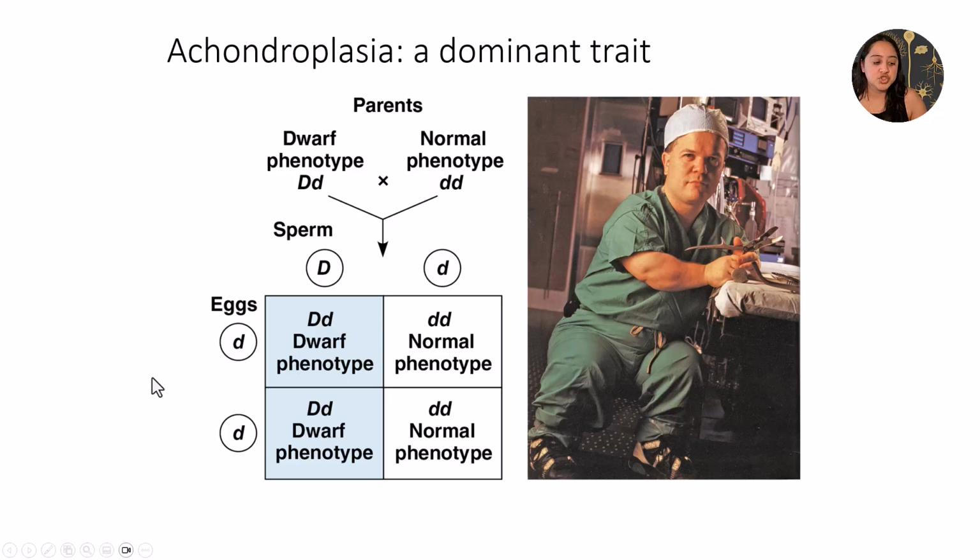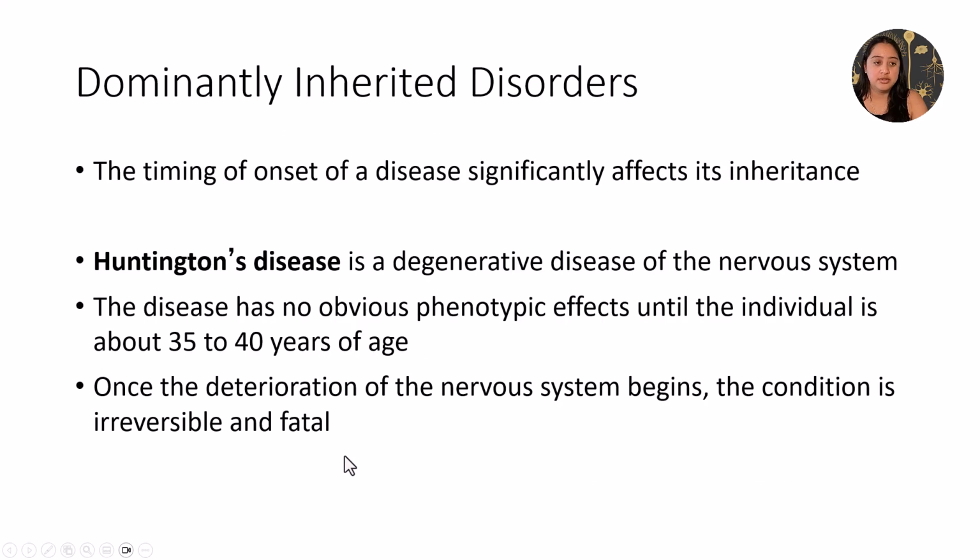Again, a trait being dominant or an allele being dominant doesn't always mean it's more common in a population. It kind of just depends on the trait. So it is a dominant trait, as well as Huntington's disease. And then Huntington's disease is different because it's like a phenotype that hides for a while.